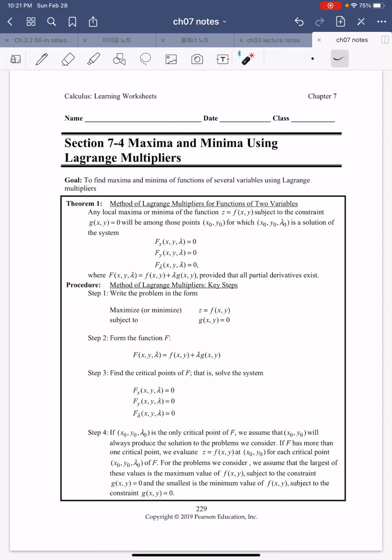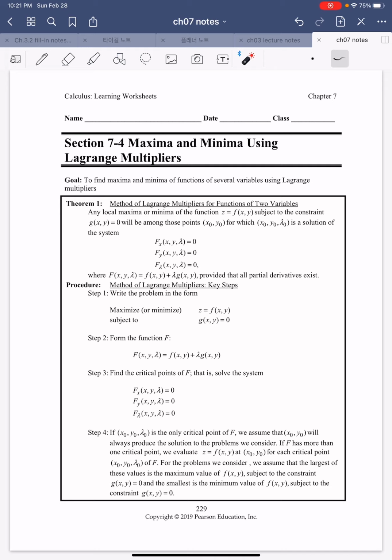In the method of Lagrange multiplier, we will work with g of x, y. So in other words, we have a function of x, y, but we are coming up with a second function, g of x, y, directly and avoid solving an equation for one variable in terms of the other, like we did in chapter 4 in Math 121.